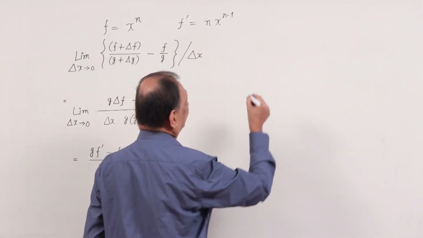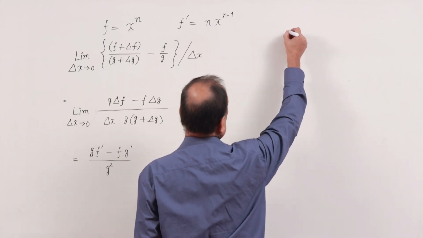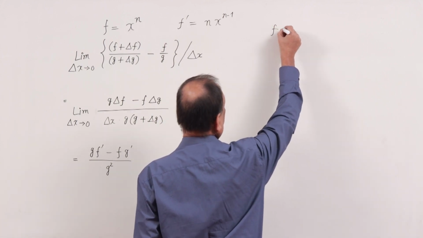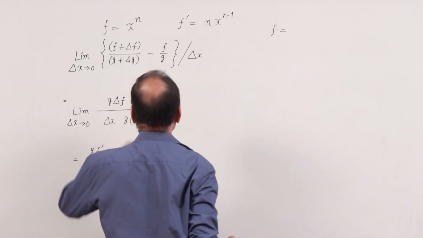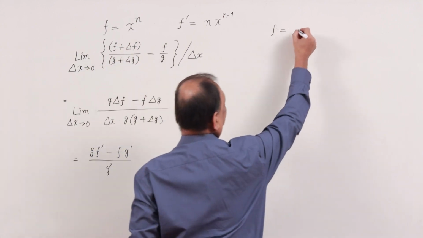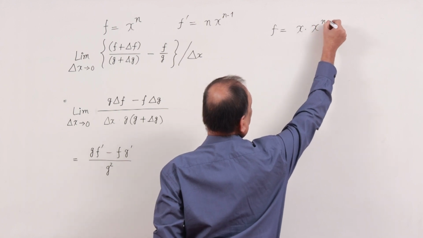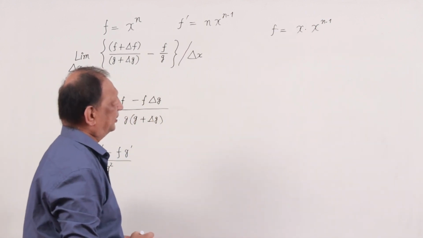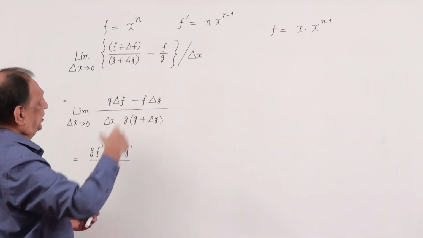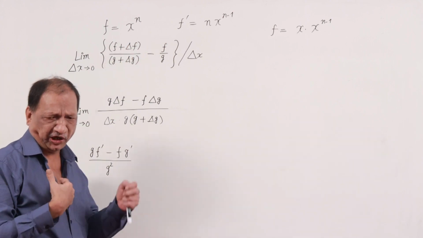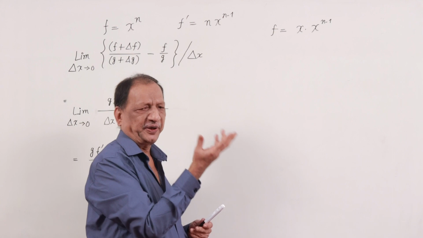What you could perhaps do is write that as a product of two functions. So I got an f, which is x power n only, but I can write that as x multiplied by x power n minus 1. So I got two functions now, one is x power n minus 1. So that I can apply the product rule for it, which would be f g prime plus g f prime.